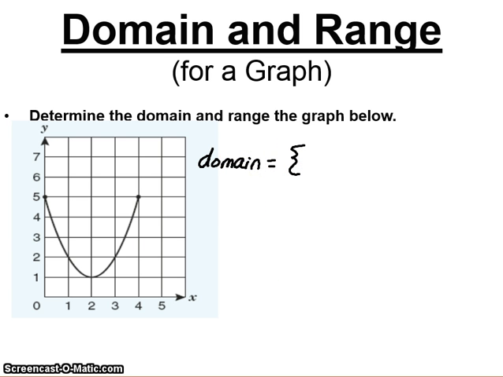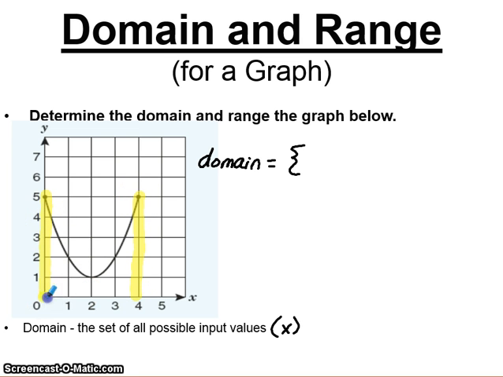Now remember, domain is a set of all input values, and input values are represented by the x and are found on the x-axis. So if we highlight down to where this function lies on the x-axis, we can see that it's all between 0 and 4. 0 is the smallest number it can be, so do you see how I put the less than sign? 0 is the smallest number that it can be, but the largest it can be is 4.